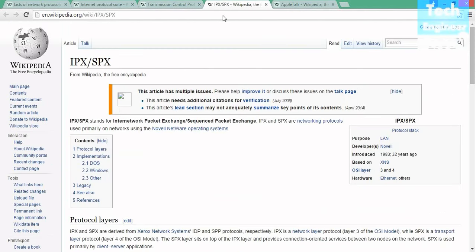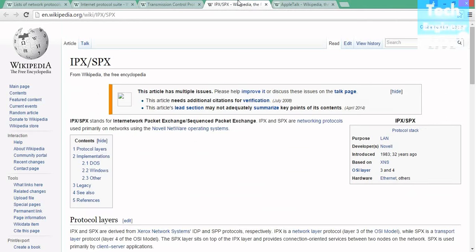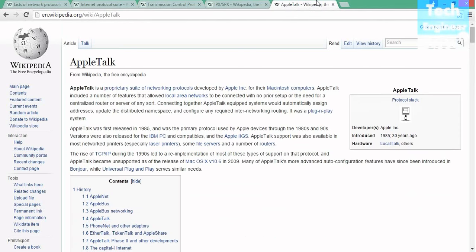When you're talking about IPX, SPX, or AppleTalk, these are protocols created by specific vendors. IPX/SPX was created by Novell Network operating systems, and AppleTalk is obviously from Apple.